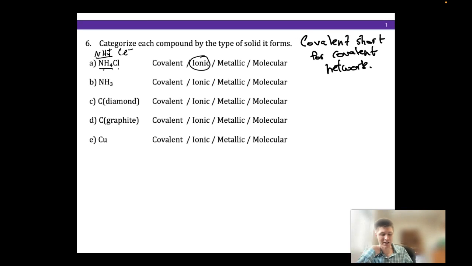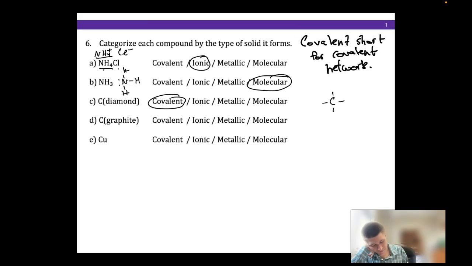That makes it an ionic compound made up of those two ions. NH3 is a normal substance that we sort of draw a Lewis structure of. If we draw a Lewis structure of it, it's a molecular type of solid. Diamond, again, that's an extended structure with carbon making 4 bonds in all directions. That makes it covalent network.